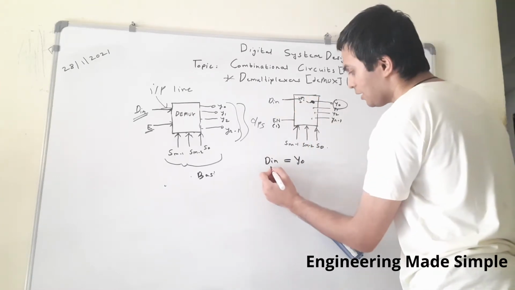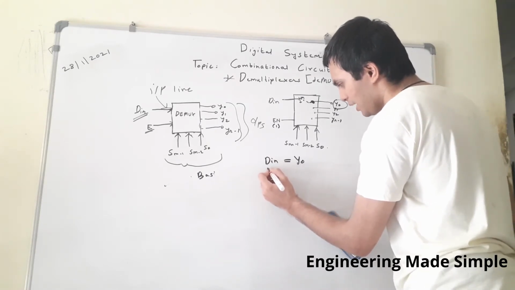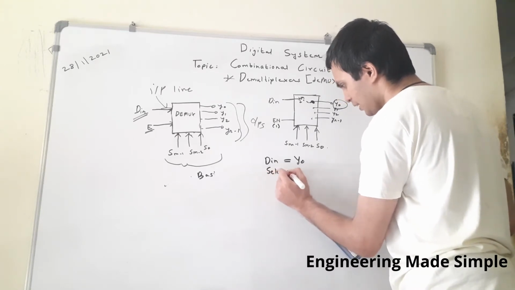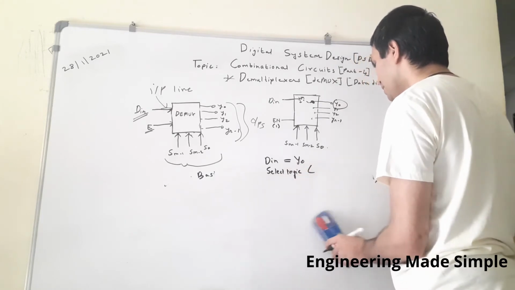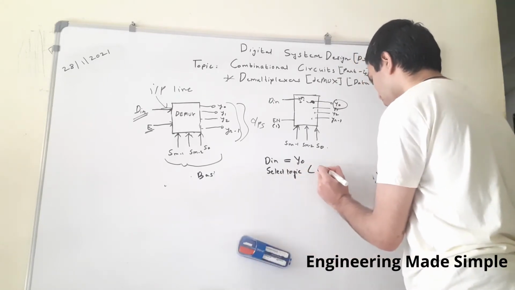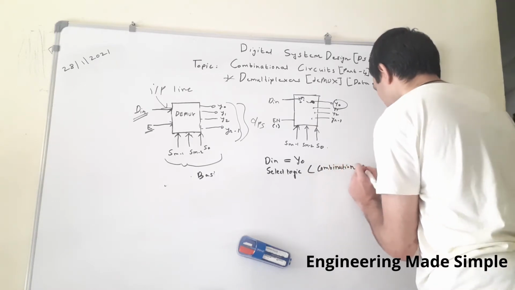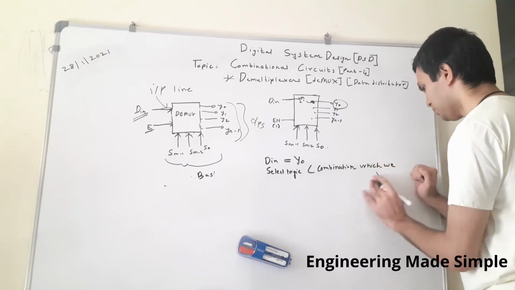For that, we need to determine it by its truth table and its selection logic. And what is selection logic? Selection logic is nothing but the combinations that we give at the select lines.